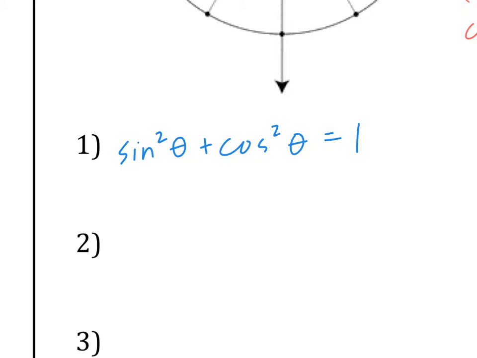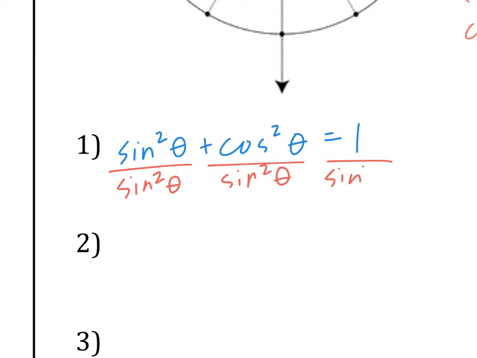Second identity is related to the first one, and it's very easy. So what you do is you divide everything by sine squared. Basically we're dividing everything by sine squared so that we're not really changing the equation. We're just manipulating it.